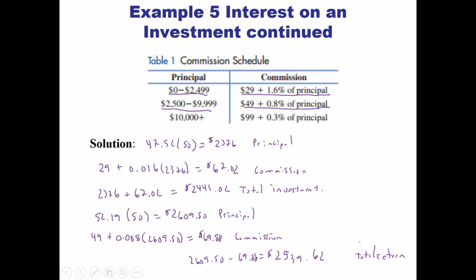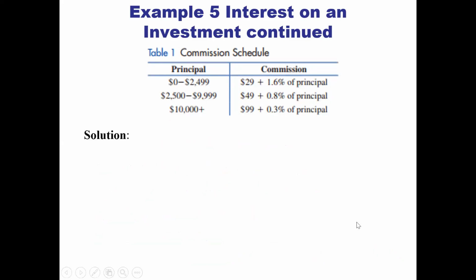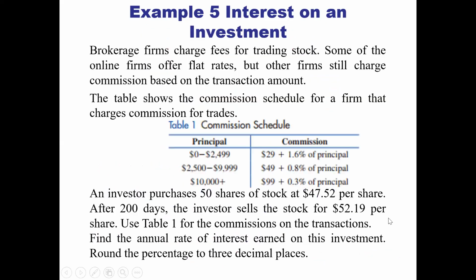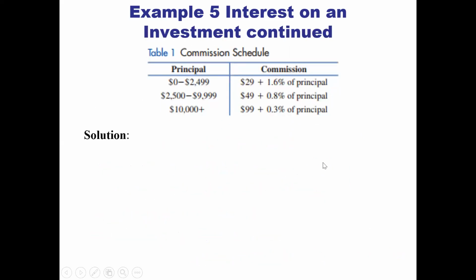All right, so now let's see if we have another page I can write on. Good. The total investment we had was 2443.02, the total return was 2539.62, and the time was 200 days. So let's write that down. We had an initial investment of 2443.02, and we ended up with 2539.62.